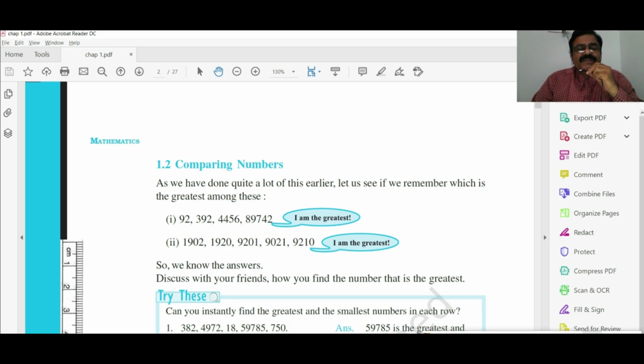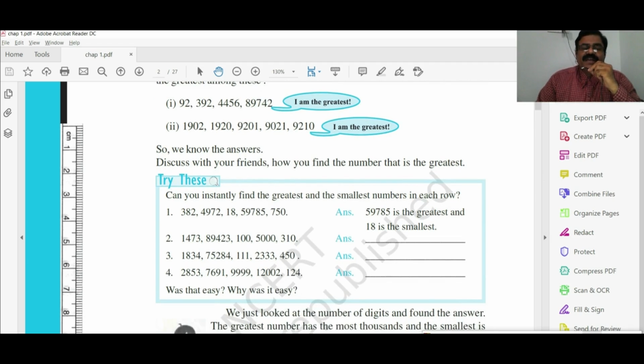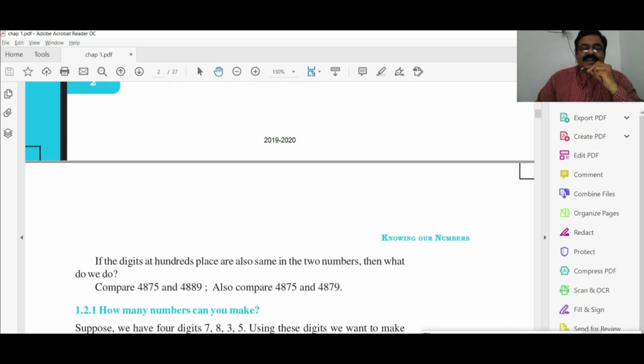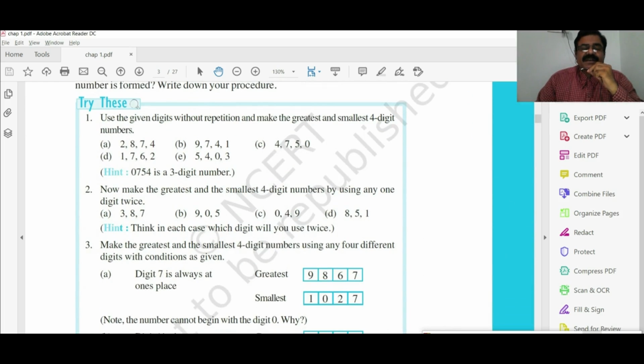If the number of digits is more, obviously that number will be greater, and if the number of digits is less, in such cases we can say that the number will be smaller. Now by using this concept, you can compare the numbers, and by comparing you can find which one is the smallest and which one is the greatest.